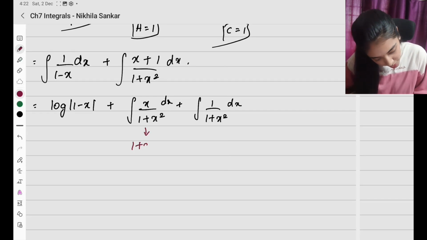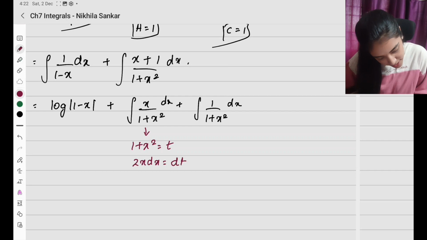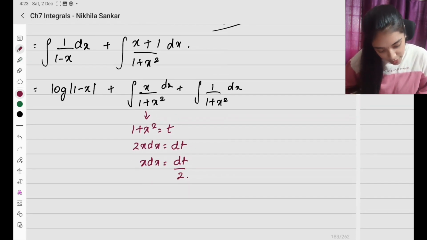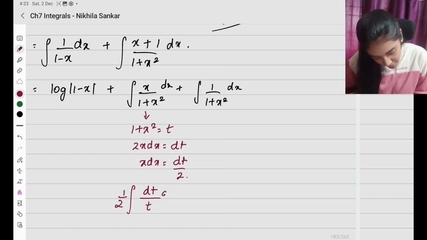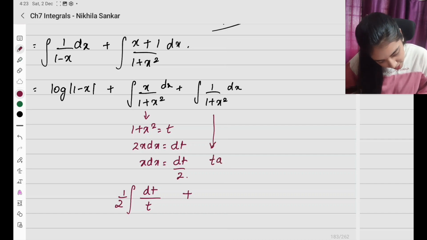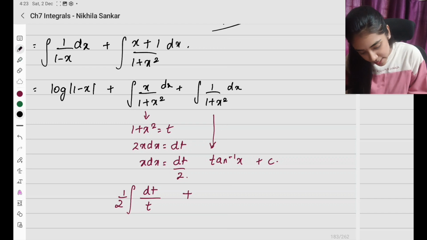So I have 1 plus x square equals t, 2x dx equals dt, x dx equals dt divided by 2. So when I solve the integral, I will basically have integral of dt by 2, which is 1 by 2 times dt divided by t, plus this particular integral is going to give me tan inverse of x plus a constant. So basically my final answer, how does it look like?